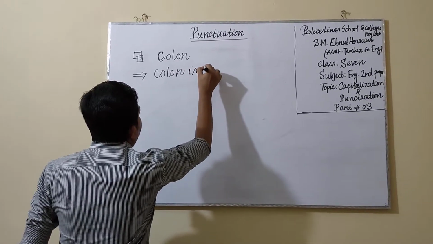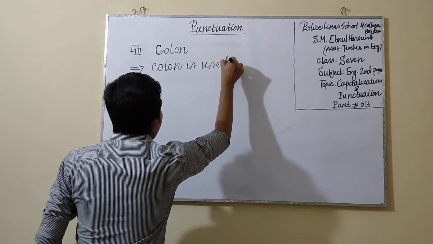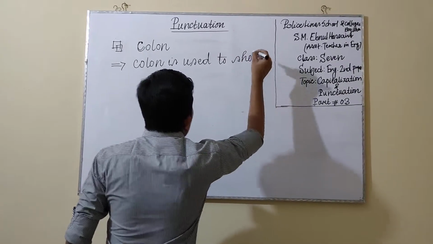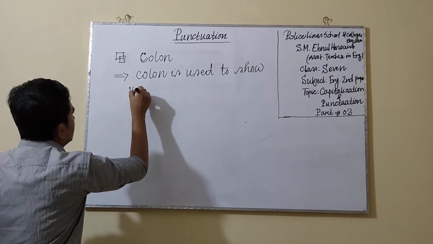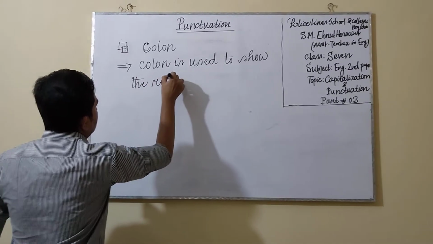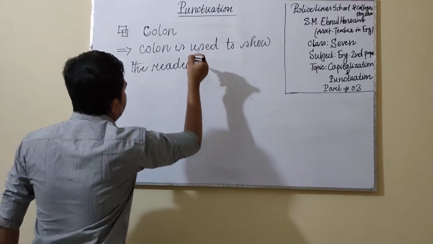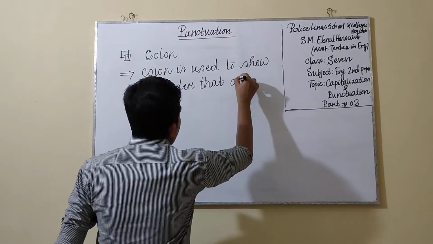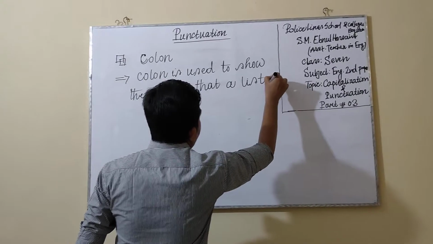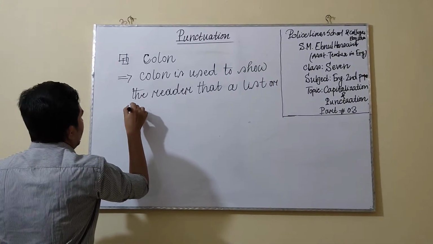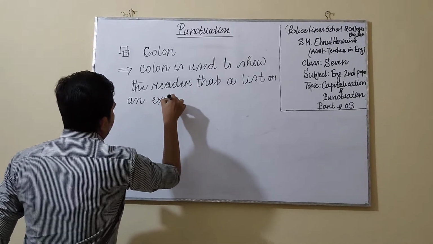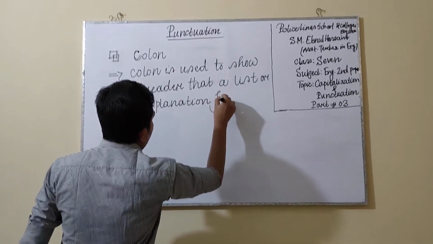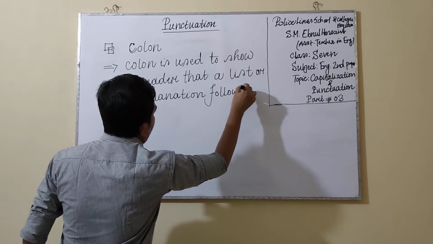Colon is used to show the reader that a list or an explanation follows.